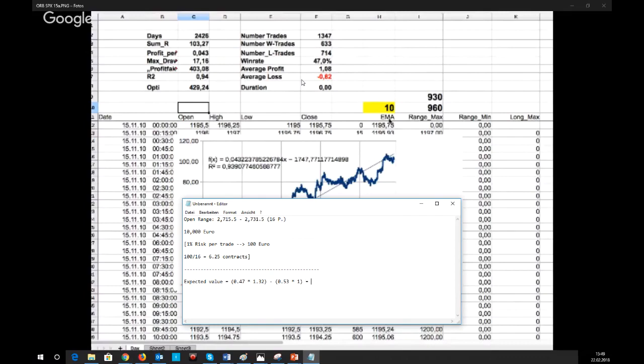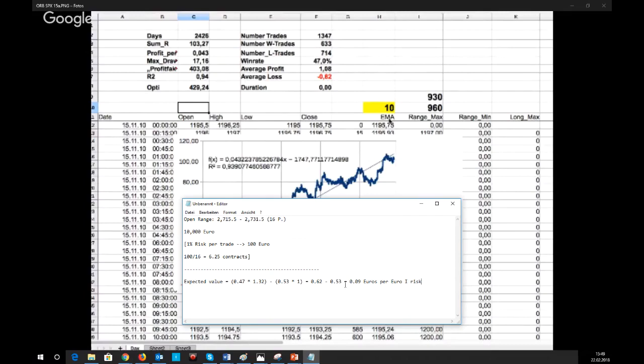Now, I only have to calculate the first bracket here, which is 47 multiplied with 1.32 is 62. I subtract 53, which means I'm getting on average 0.09 euros per euro by risk.